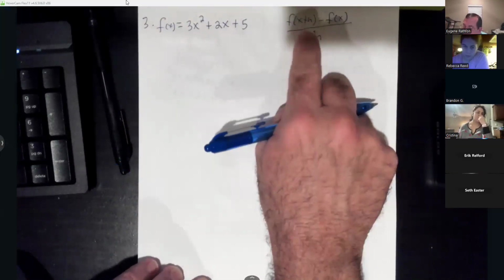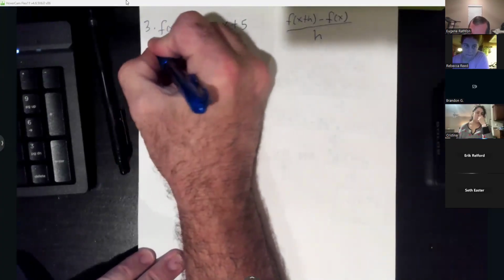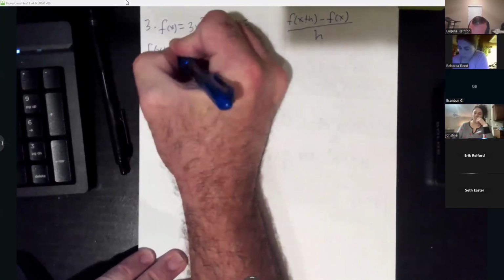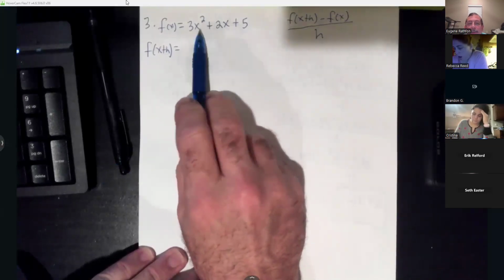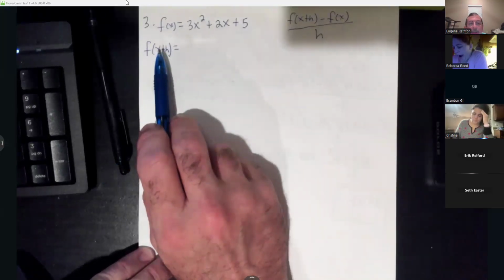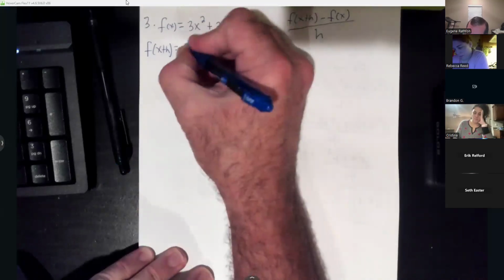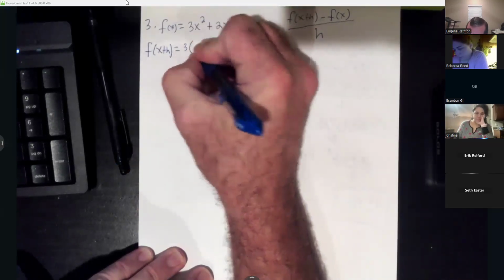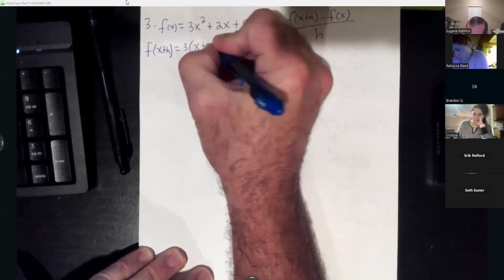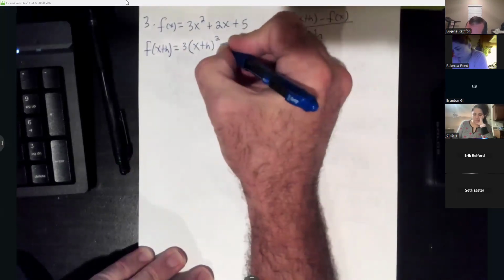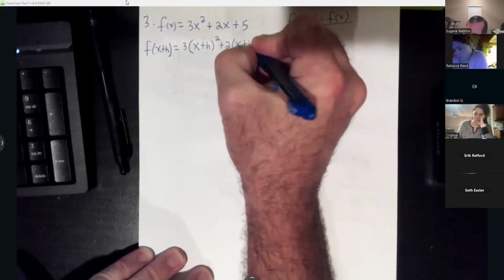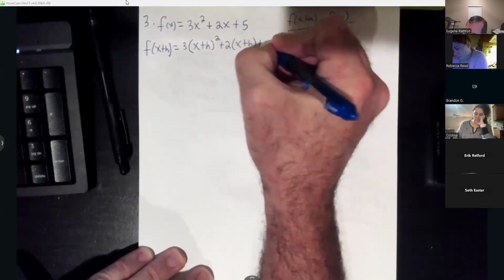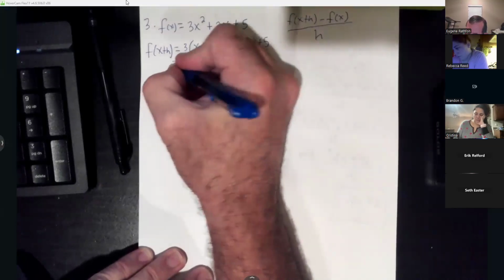Got my h on the bottom, so I need to find f of x plus h. Uh-oh, y'all, we got two x's up there, so both of them x's we got to replace with the x plus h. So I'm going to have 3 times x plus h squared plus 2 times x plus h plus my 5.